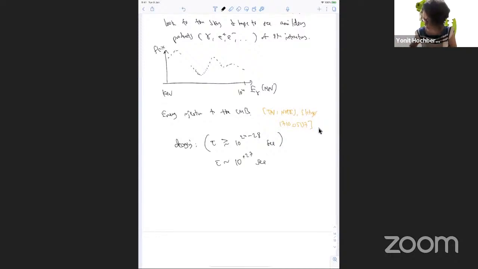The age of the universe, T universe, is of course close to 14 billion years, and that's roughly 4 times 10 to the 17 seconds. So the bounds that we have from decays and things like that are actually much stronger than just saying it needs to be stable. And again, for further details, I recommend reading these TASI notes on indirect detection.